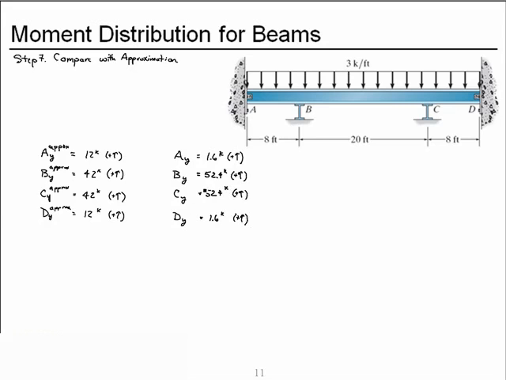Now, if we look at orders of magnitude, these all seem fine. When we look for the symmetry, due to the nature of the problem, these results look fine. But the magnitudes are a little bit farther away than I had initially expected. So let's take a look at the anticipated elastic curve for this beam.